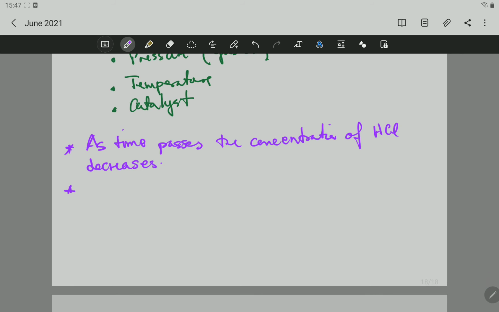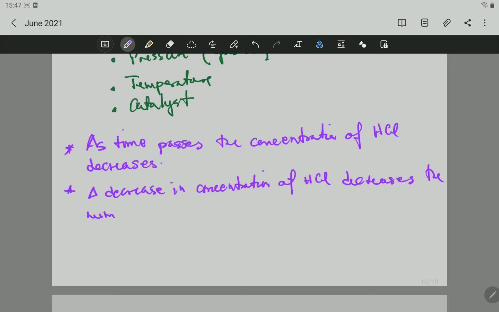Second, I will say a decreasing concentration of hydrochloric acid decreases the number of molecules per unit volume.